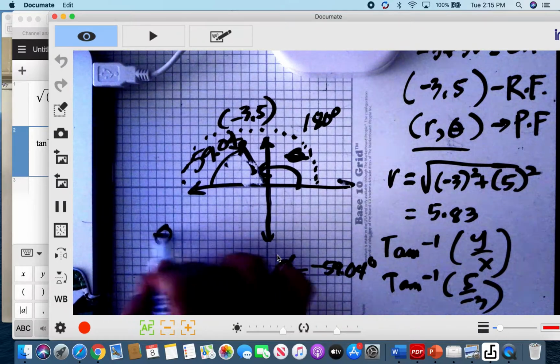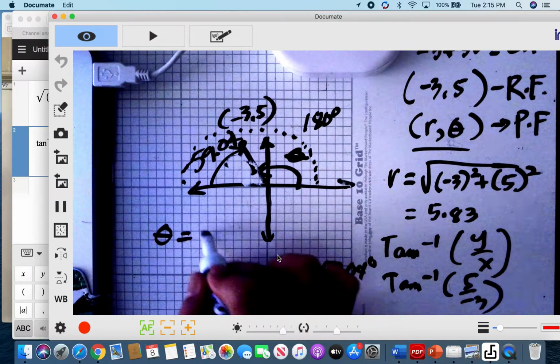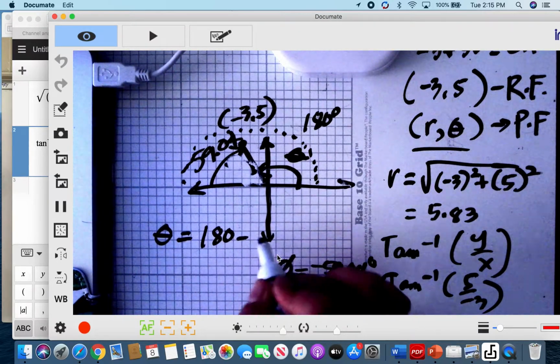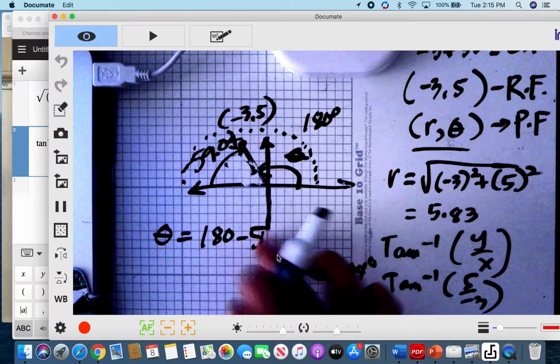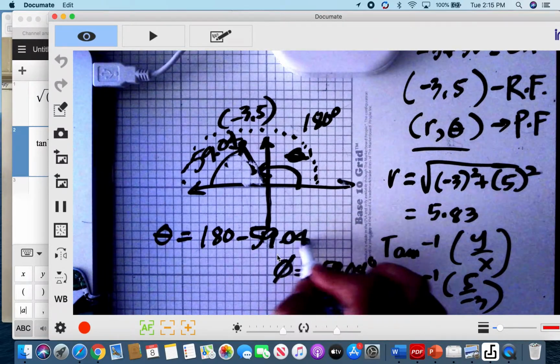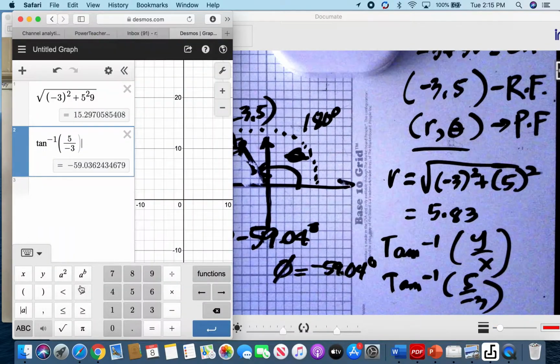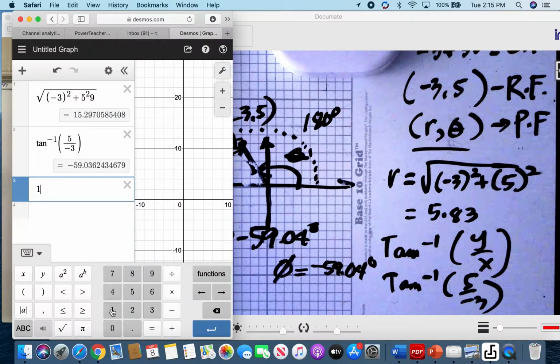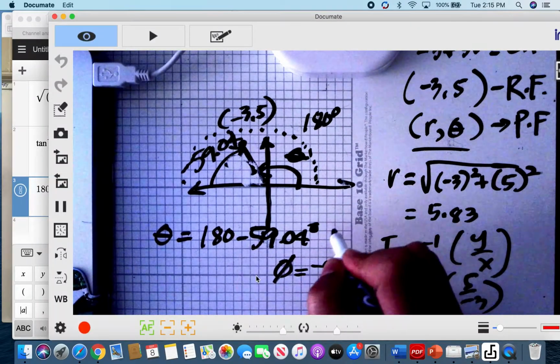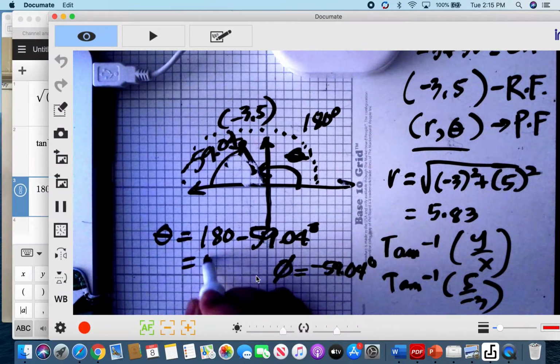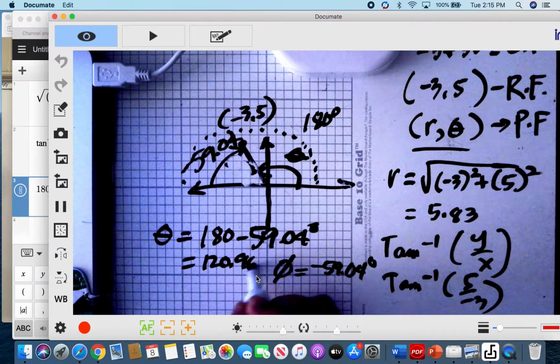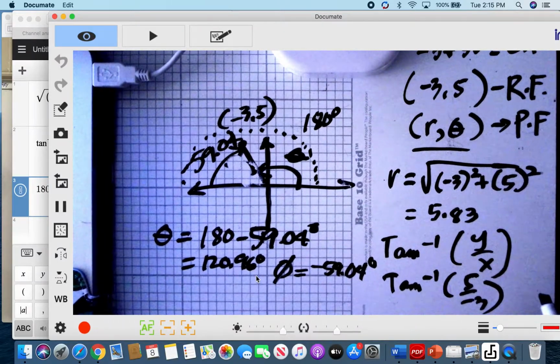The angle that we are looking for is equivalent to 180 minus 59.04 degrees. Let's solve it. 180 minus 59.04 gives us 120.96 degrees. So the angle is 120.96 degrees. So we have solved the problem.